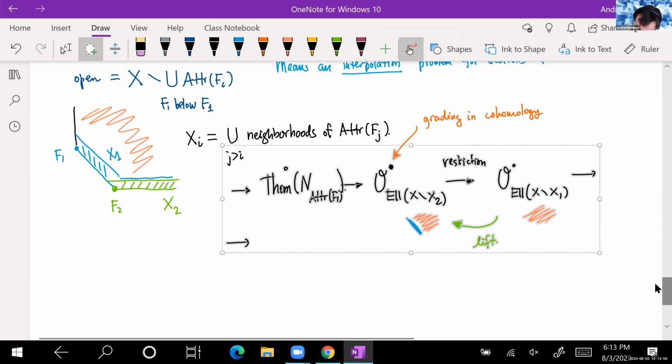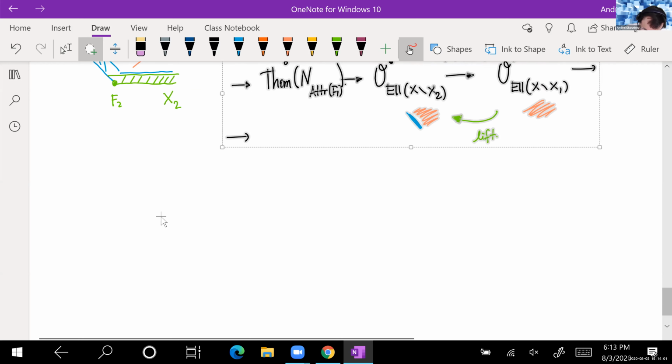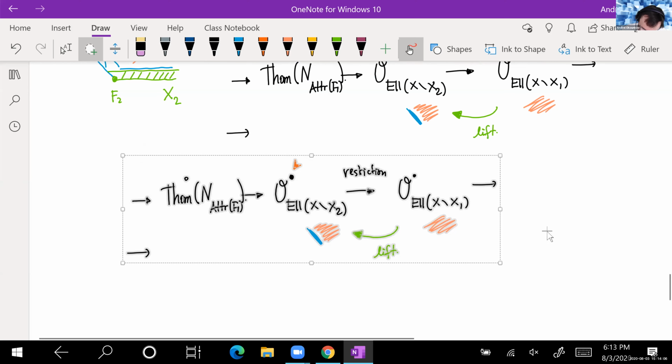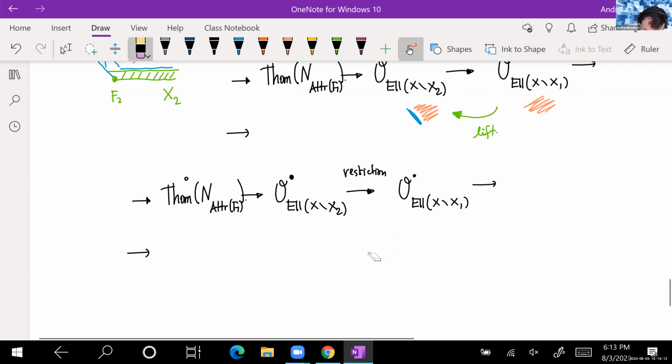Now we tensor it with some fixed line bundle, which we call L, and we tensor it with S everywhere.